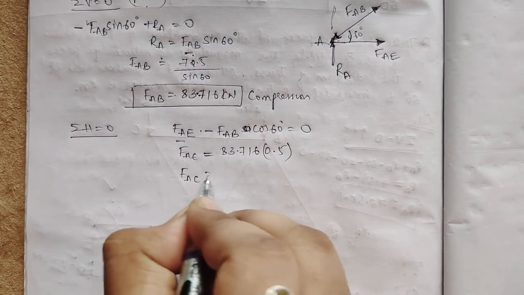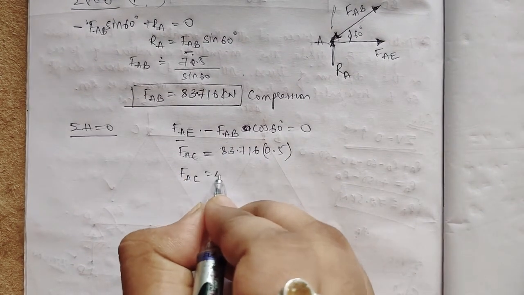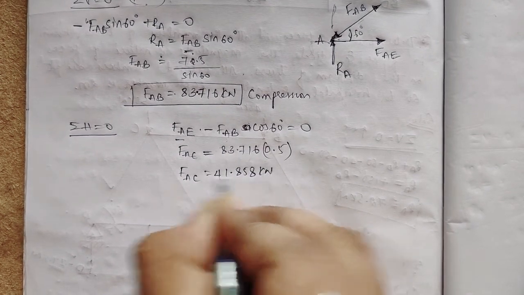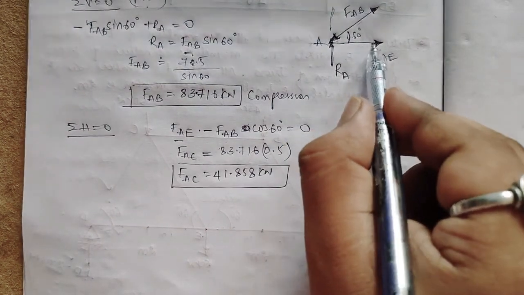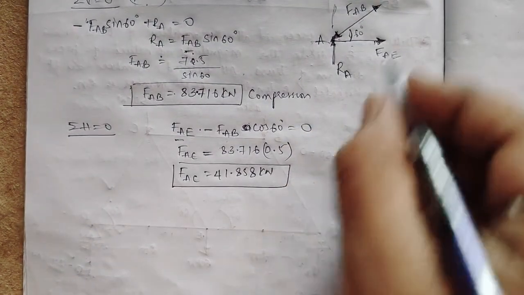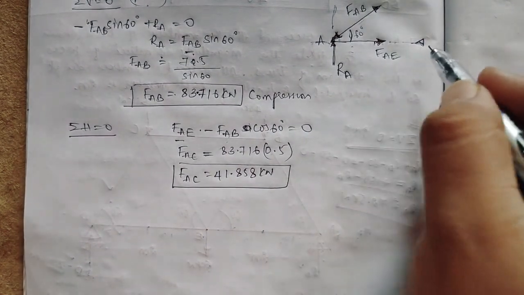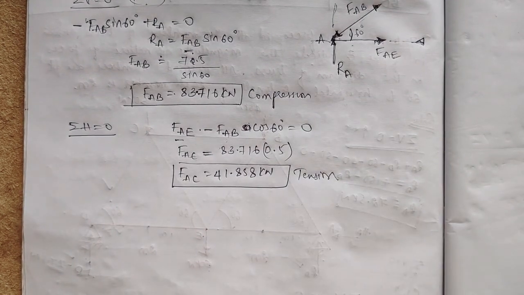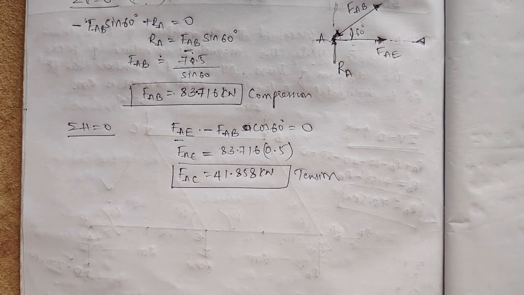So FAE will be 41.858 kilonewton. So I assumed that it is going away from A and it is right. At the other end, it will be like this. So two forces coming towards each other, it is tension.